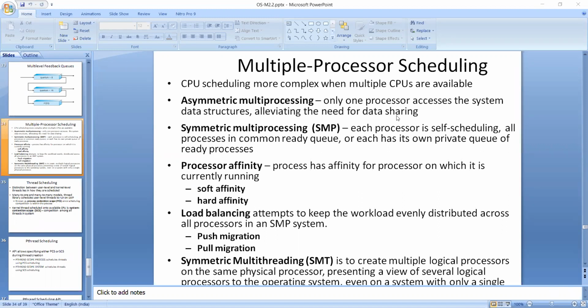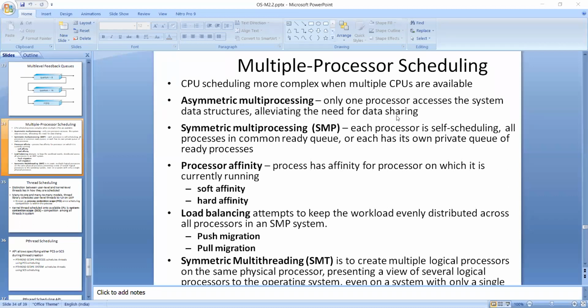If you have multiple processors, we'll see here how to schedule. CPU scheduling is more difficult if multiple processors are available to execute the processes. Here we'll discuss the approaches to multiple processor scheduling.